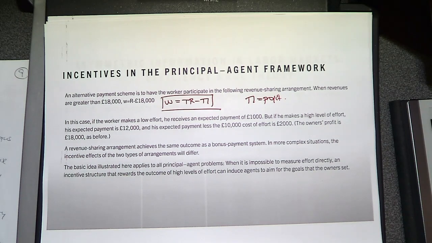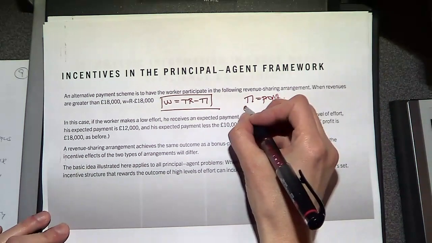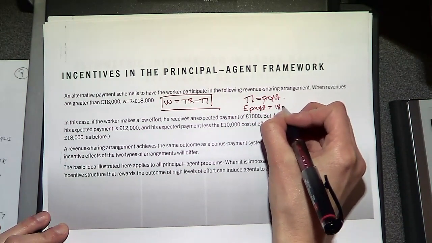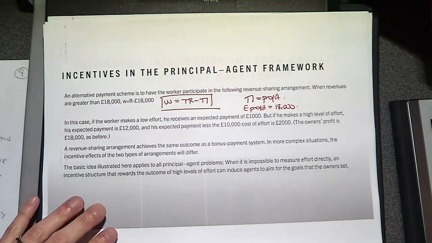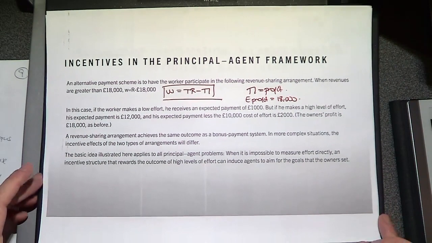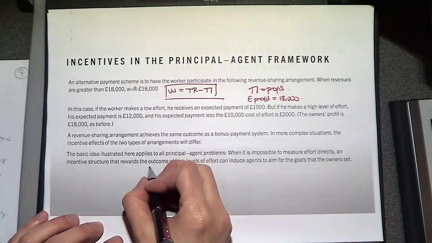Because otherwise, I don't want the worker. So we just calculated the expected profit. If it does a high effort, it is 18,000. Yeah? Now, total revenue here may change. So there are going to be two options now for this salary.